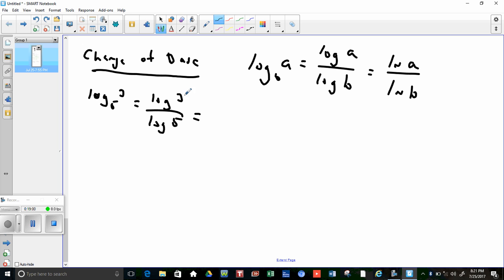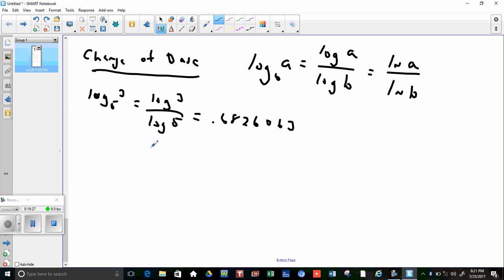Otherwise, you have to make sure you have parentheses around this stuff, and just be careful on that. So if you do the log of 3 divided by the log of 5 in your calculator, you'll end up with 0.6826063. And that's probably way more decimals than we'd ever have to go, but that's the general idea.